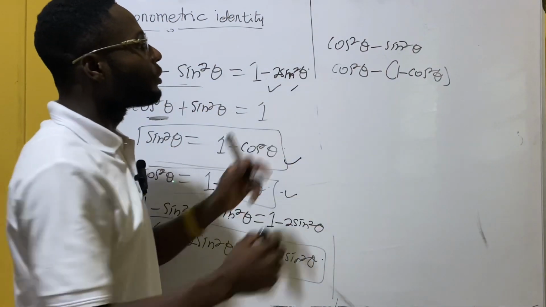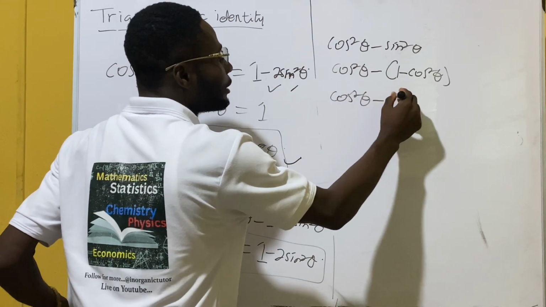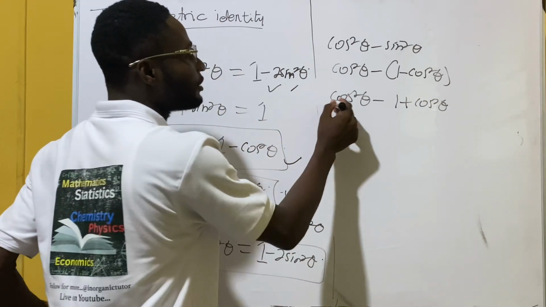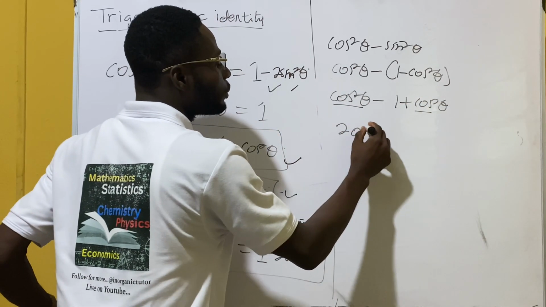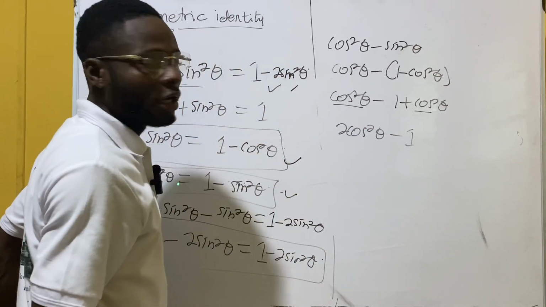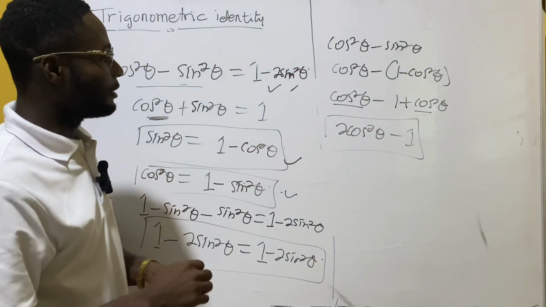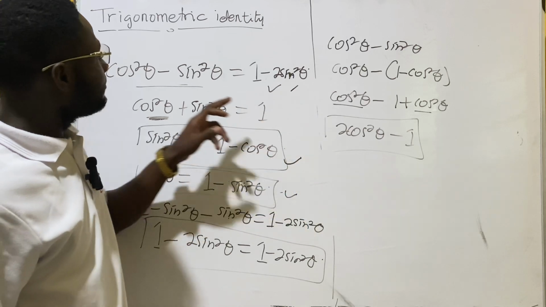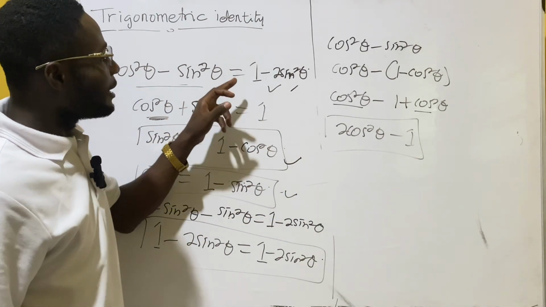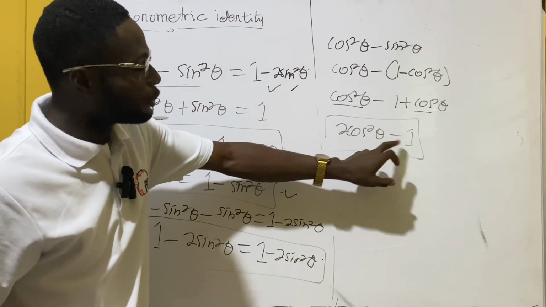Then we have cos squared theta minus 1 plus cos squared theta. This basically gives us 2 cos squared theta minus 1. So we can also say that cos squared theta minus sine squared theta is equal to 2 cos squared theta minus 1.